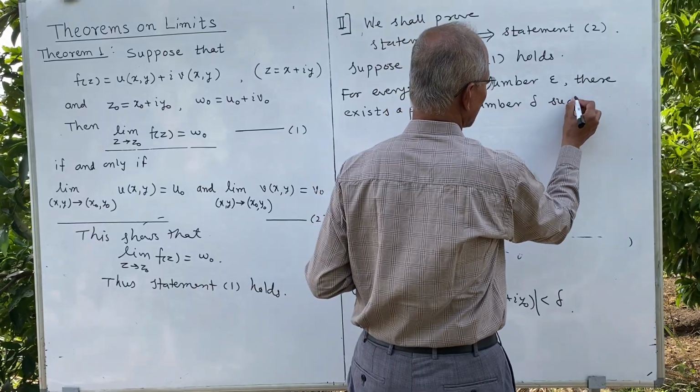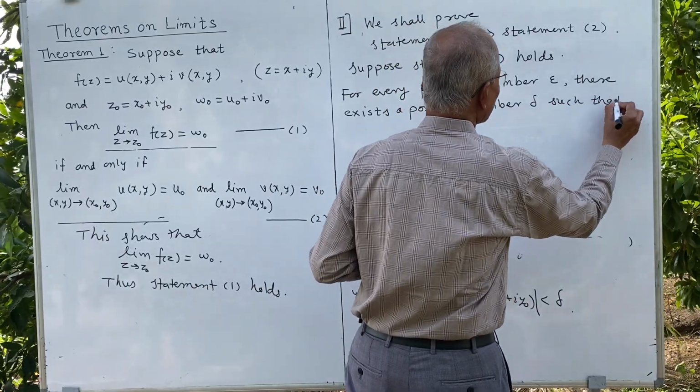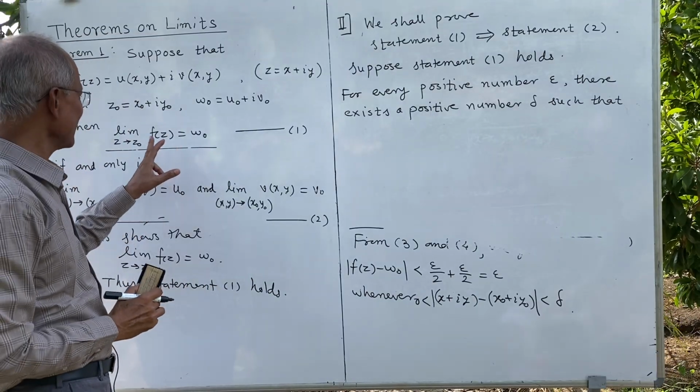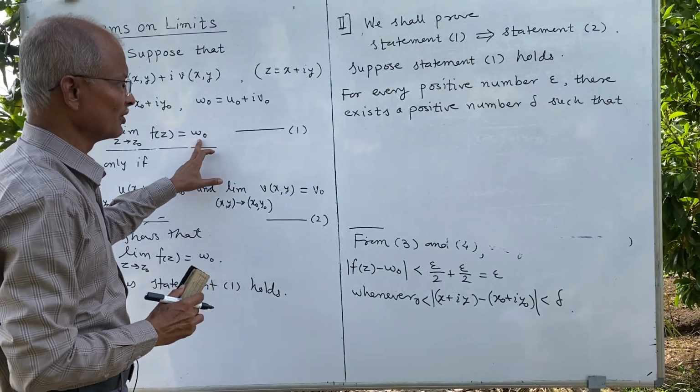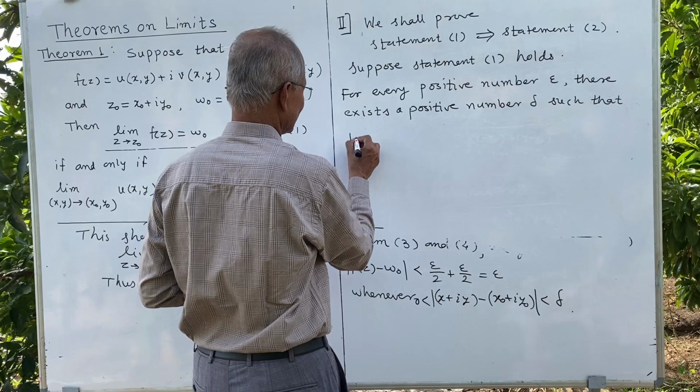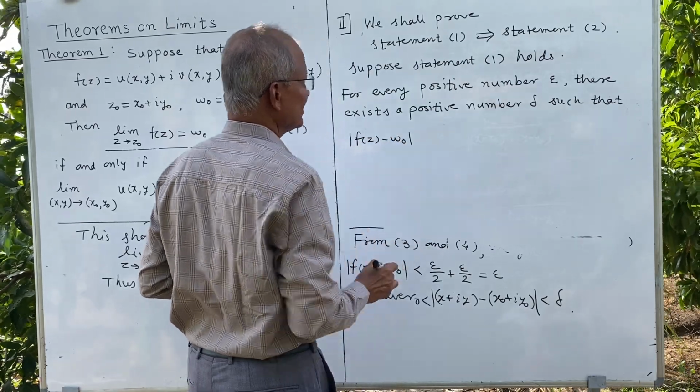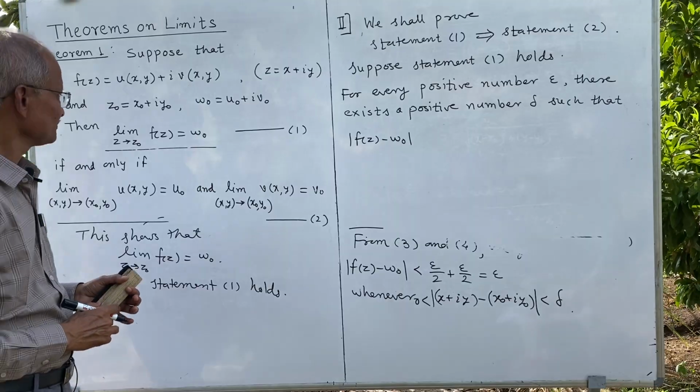Such that, from the application of the definition, mod of f of z minus w naught is less than epsilon.